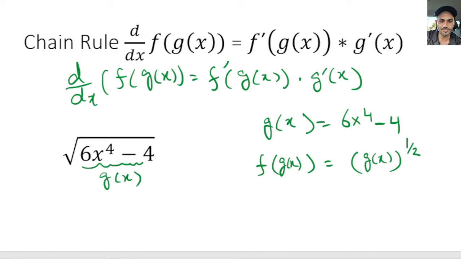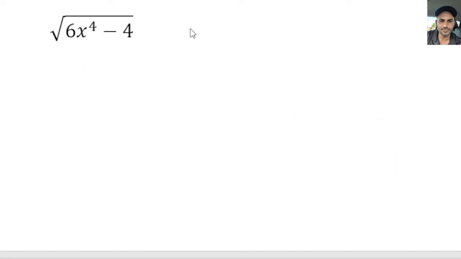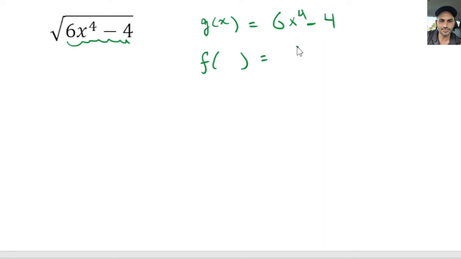So let's solve this. Again, I'm gonna make this g of x, which is 6x to the 4 minus 4, and our f is going to be g of x raised to the 1/2 power.